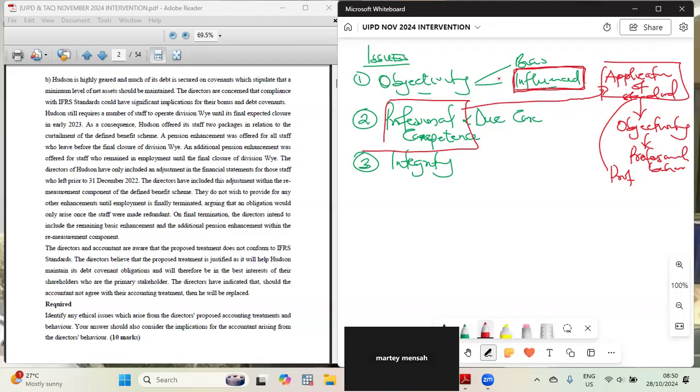Do you ignore what the directors are doing and just concentrate on the accountants? Even with this question, if you read it well, it says that your answer should also consider the implication for the accountant arising from the directors' behavior. So you can't ignore the influence of what the directors are doing on the accountant.